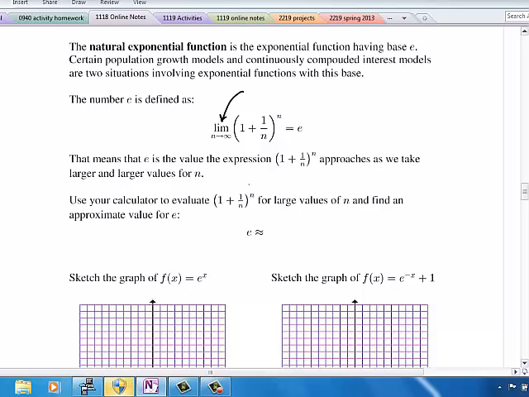This is new notation to us. Limit as n goes to infinity, it's something that comes up in calculus, and you'll get to that eventually if you take a calculus class, but it means as n gets larger and larger without bound.